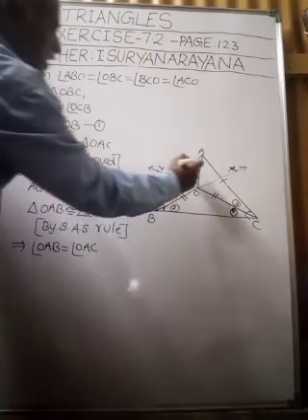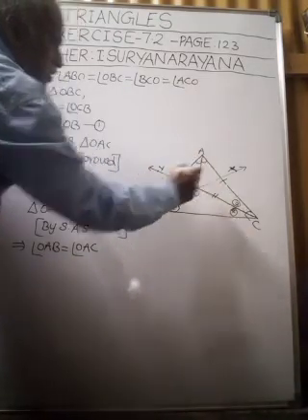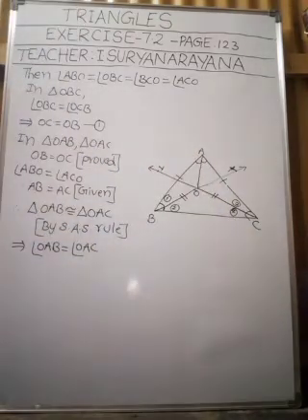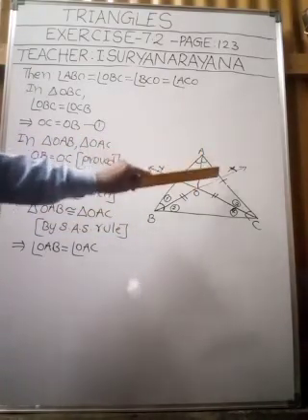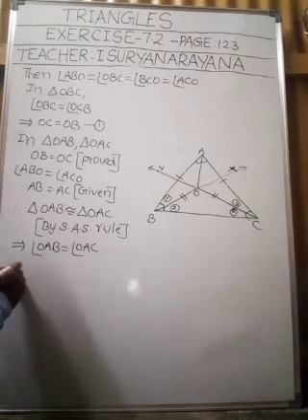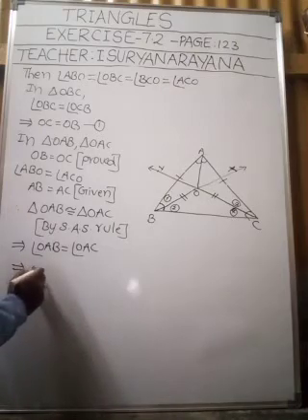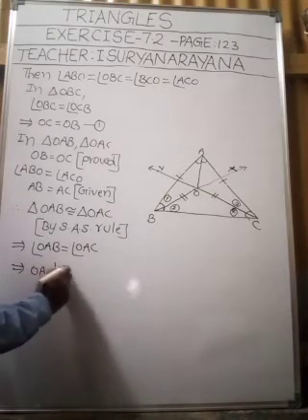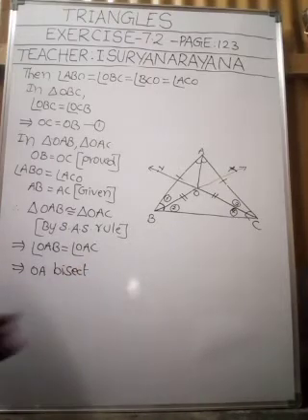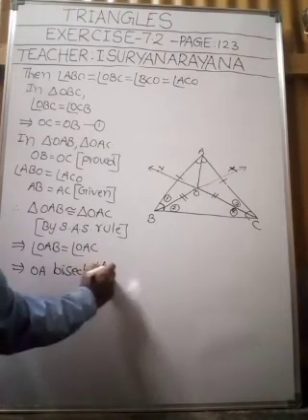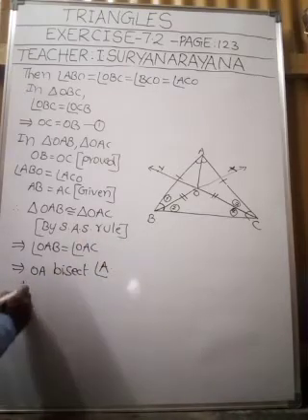So these two angles are equal. That means this line AO bisects this entire angle A. This implies OA bisects angle BAC or angle A. So hence proved.